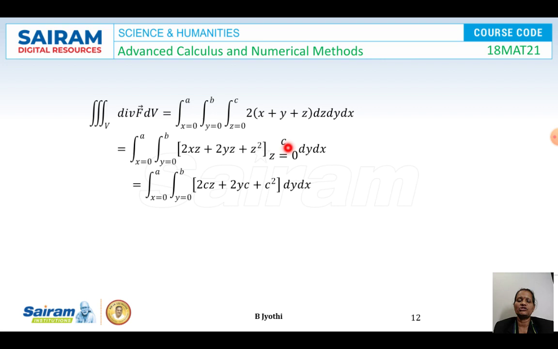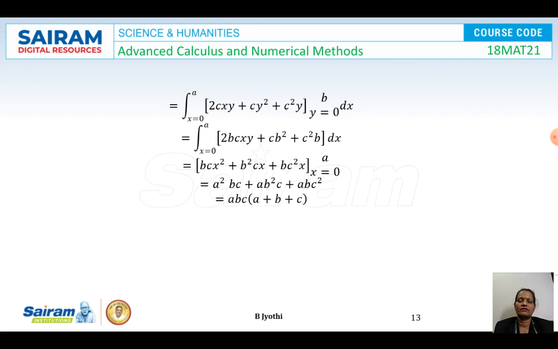Now let us substitute z as c. We get 2xc plus 2yc plus c square. When we integrate the same thing with respect to y, we get 2xcy plus cy square plus c squared y, where y is from 0 to b. With respect to x, we have to integrate.